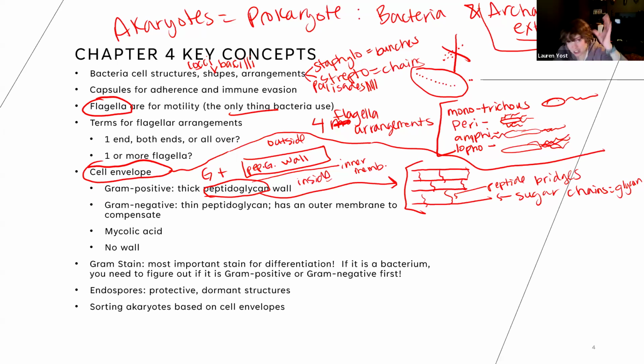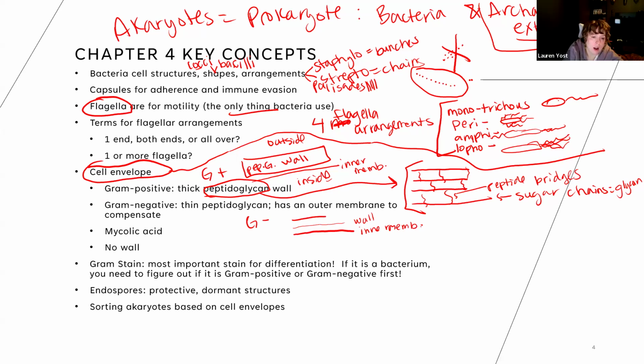Now, gram positives, they just have a thick daddy wall, okay? Super thick wall. The gram negatives have a thin wall on their inner membrane. All right.